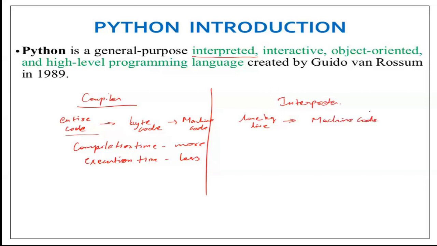So compilation time will be faster, whereas execution time will be a bit slower and will take more time. Why? Because line by line it will convert, so it has to come back to the next line, then again convert the next line.